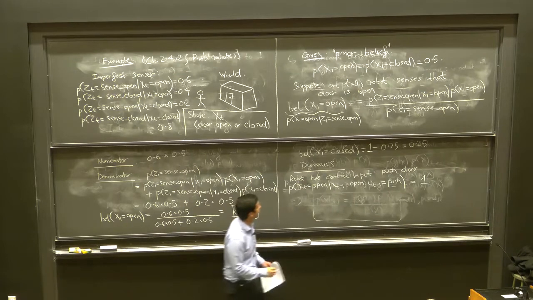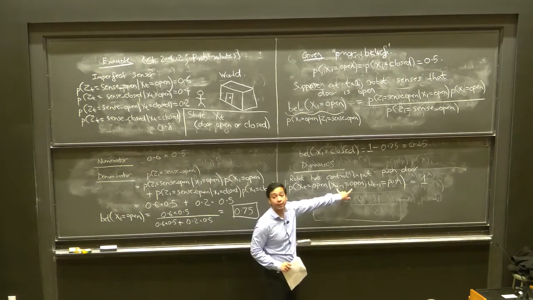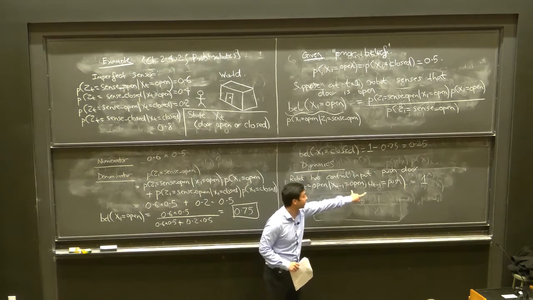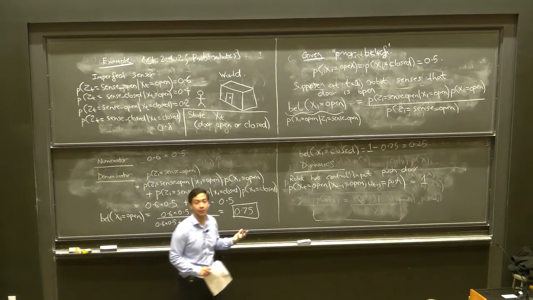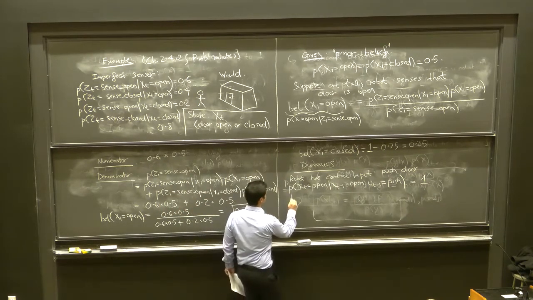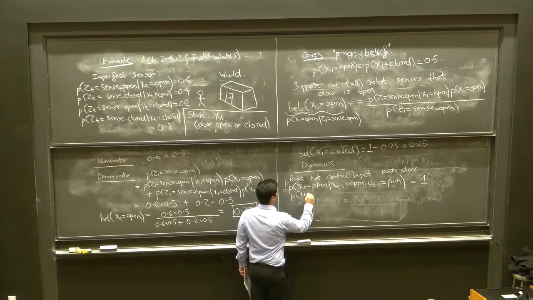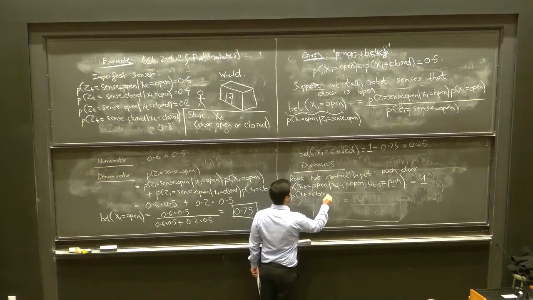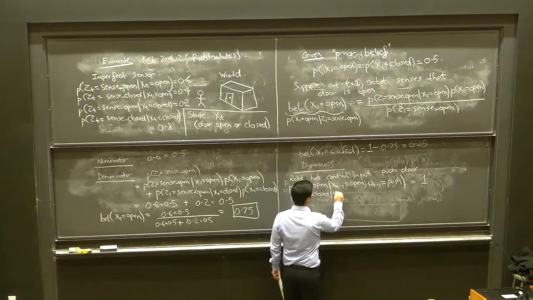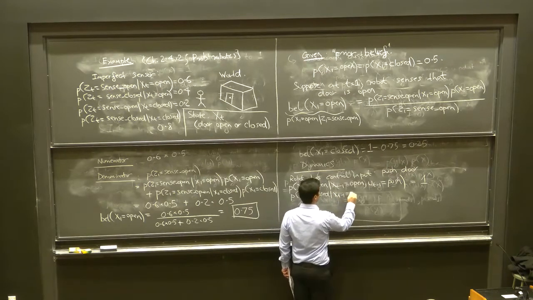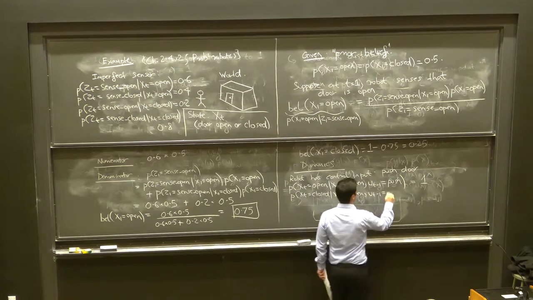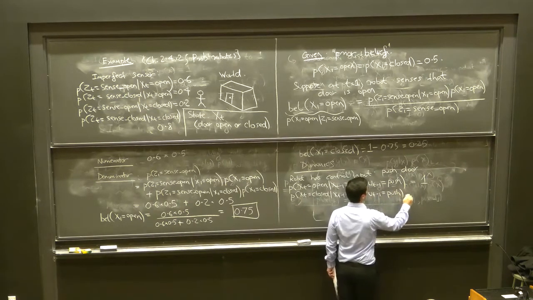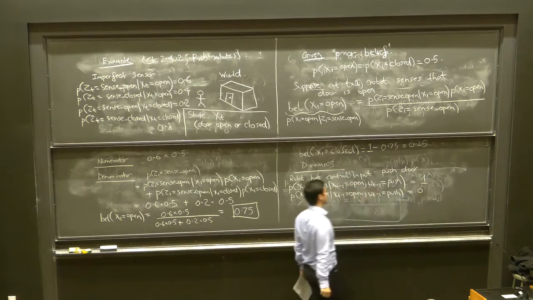So what this is saying is that if the door was already open at the previous time step and the robot pushes the door, then it's just going to remain open with probability 1. And so the probability that the door is closed, given that the door was open and the robot took this action of pushing the door, is just 1 minus that, which is 0.